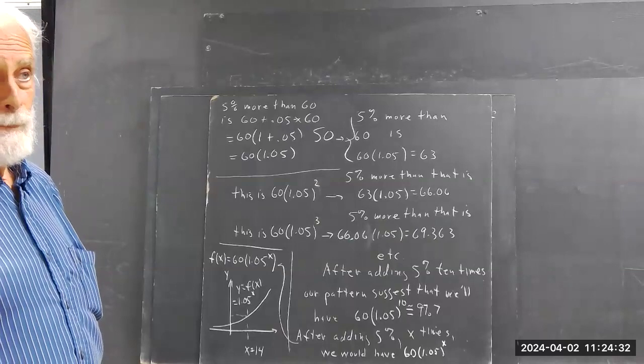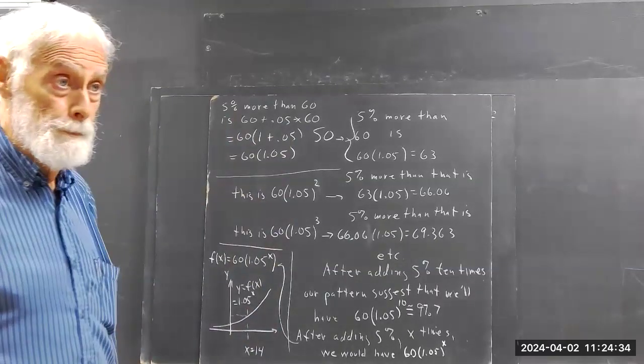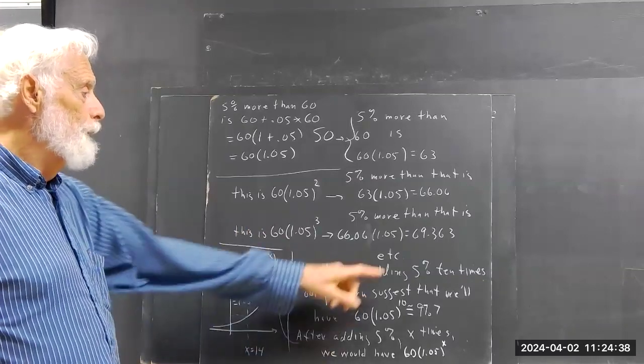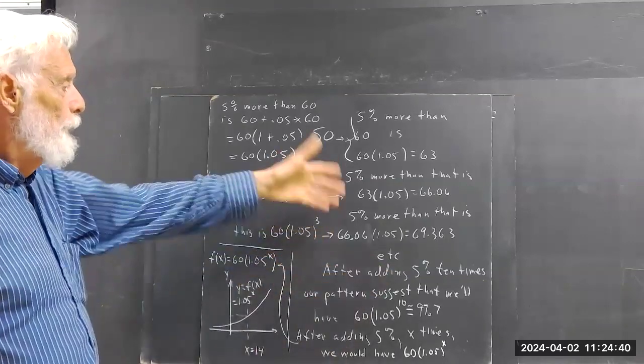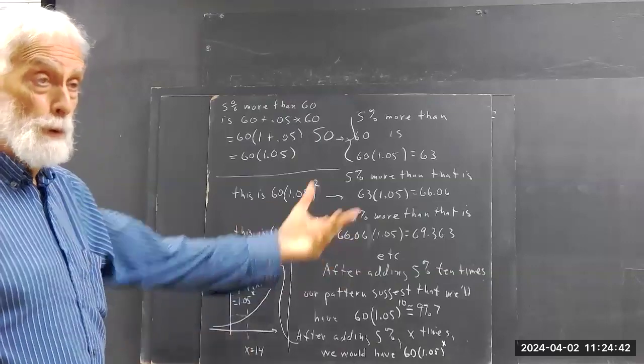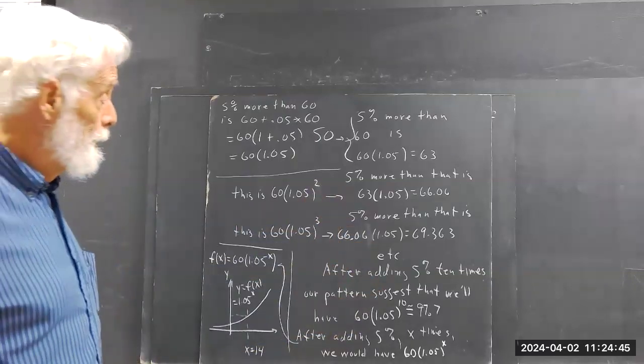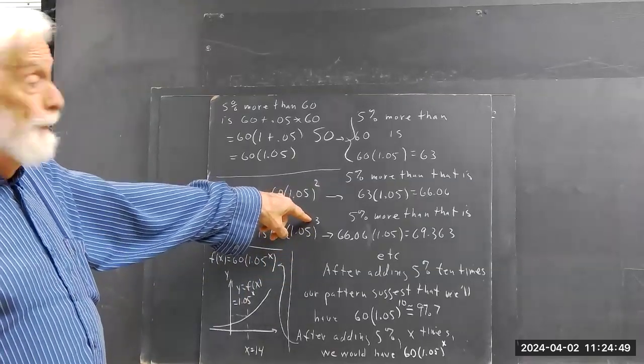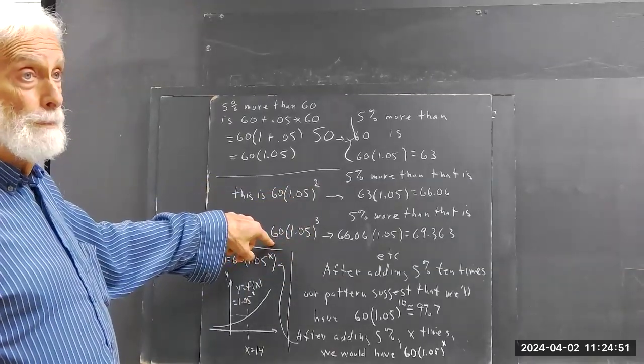Okay? And you should verify that. Convince yourself that this is so. But there's an et cetera on this. Every time we add 5% of what we got last, we multiply by another 1.05, which increases the power by one on the 1.05 by which we've ultimately multiplied our 60.